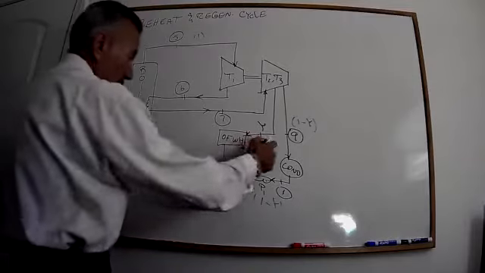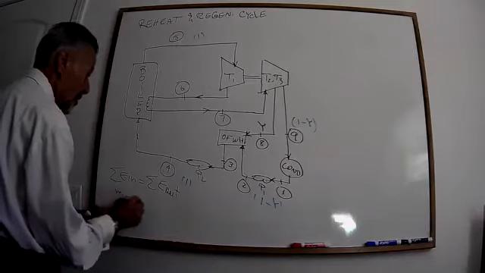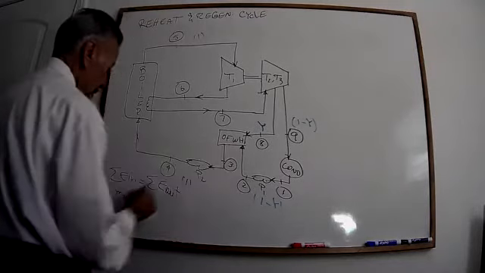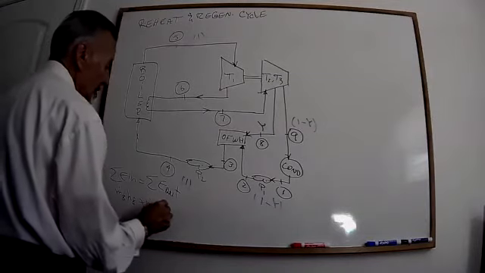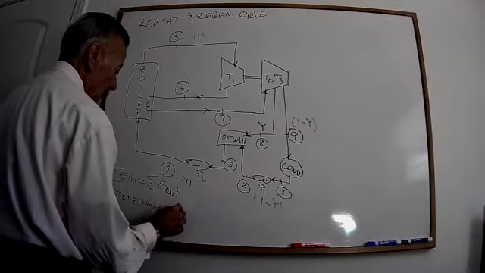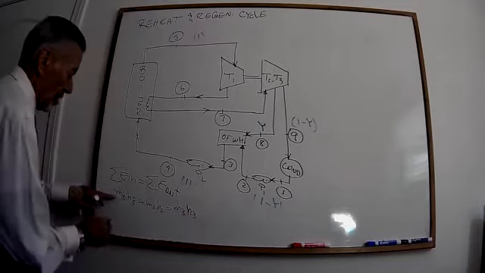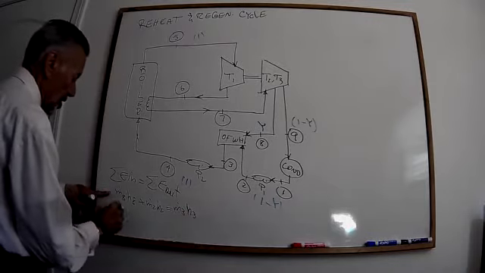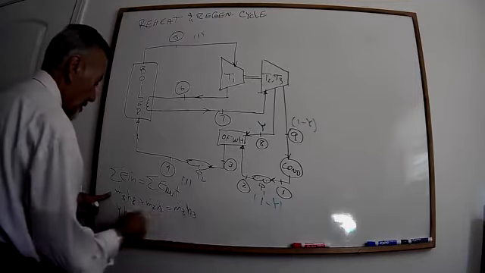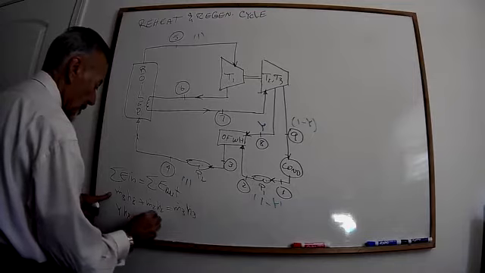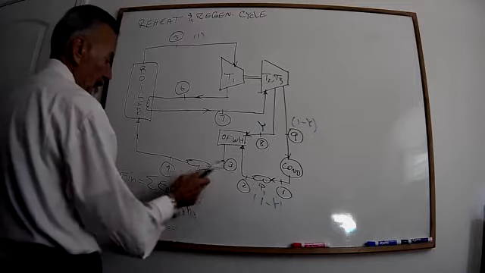In this case, you have M8, H8 going into the feed water heater plus M2, H2, that is equal to M3, H3. Now recall that M8 is the fraction Y, plus M2 is 1 minus Y, and M3 is 1 unit.